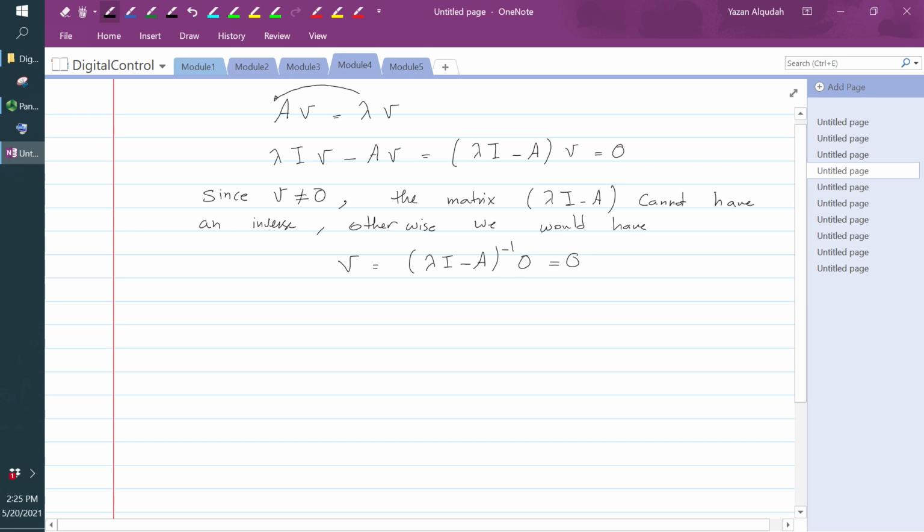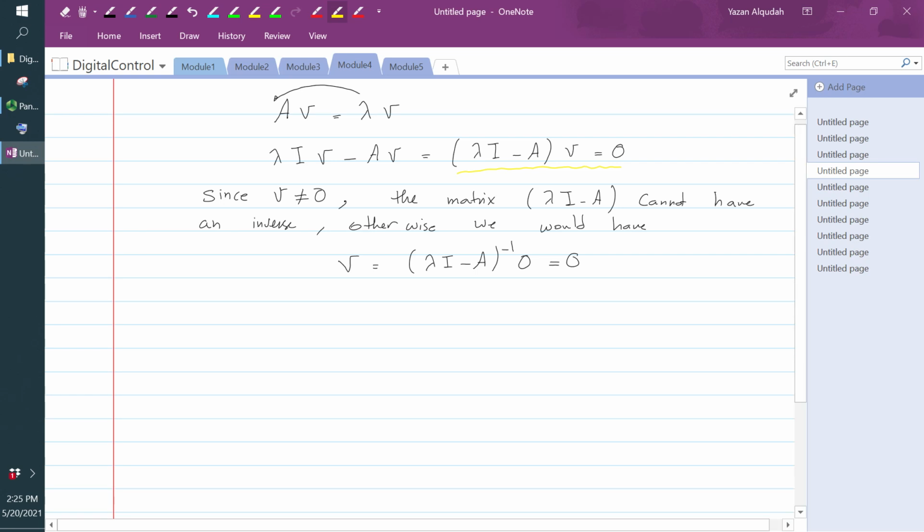Does that make sense? So in this equation here, I know this might be slightly confusing. This equation here, we said it's equal to 0. But at the same time, V is not equal to 0. We're assuming V is not equal to 0.